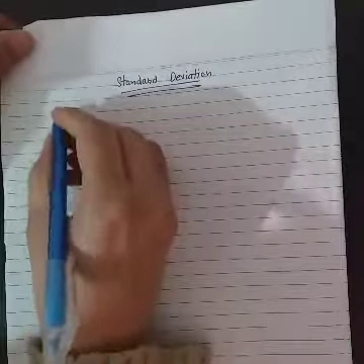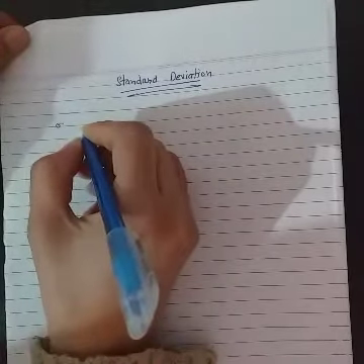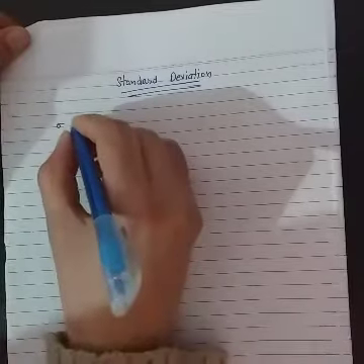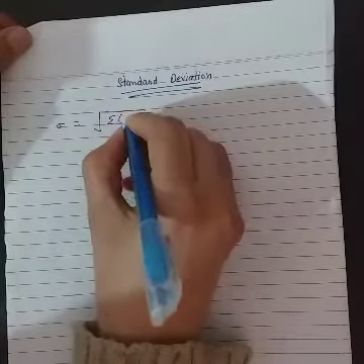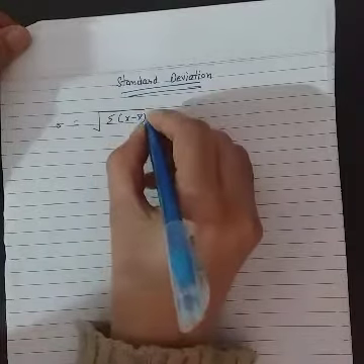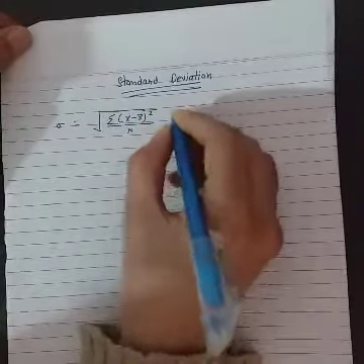Standard deviation is denoted by the small Greek letter sigma. It is computed as follows. Sigma is equal to under root summation (x minus mean) the whole square divided by n.